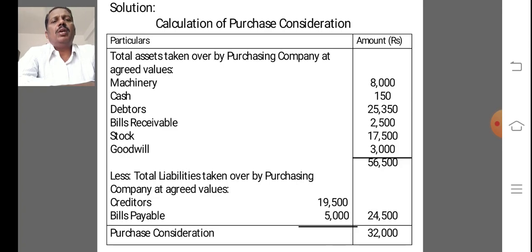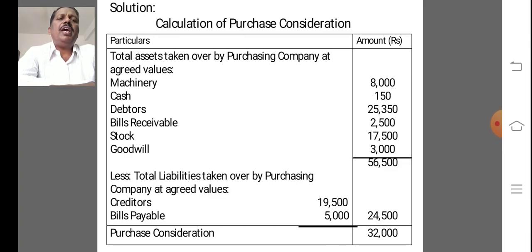Less, liabilities taken over by purchasing company at agreed value. One is creditors, that is 19,500. Another one is bills payable 5,000. Total 24,500, the amount of total liabilities taken over by the purchasing company.